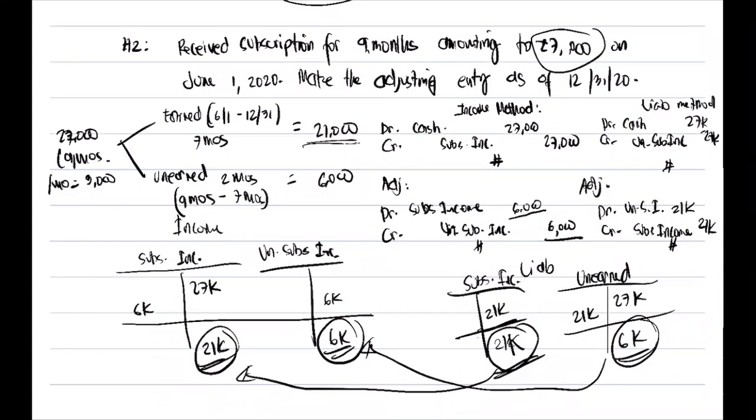And if we are using your income method, initially it is recorded as an income, and then our adjusting is a liability at the amount unearned. Okay, so that's our second example for our unearned income.